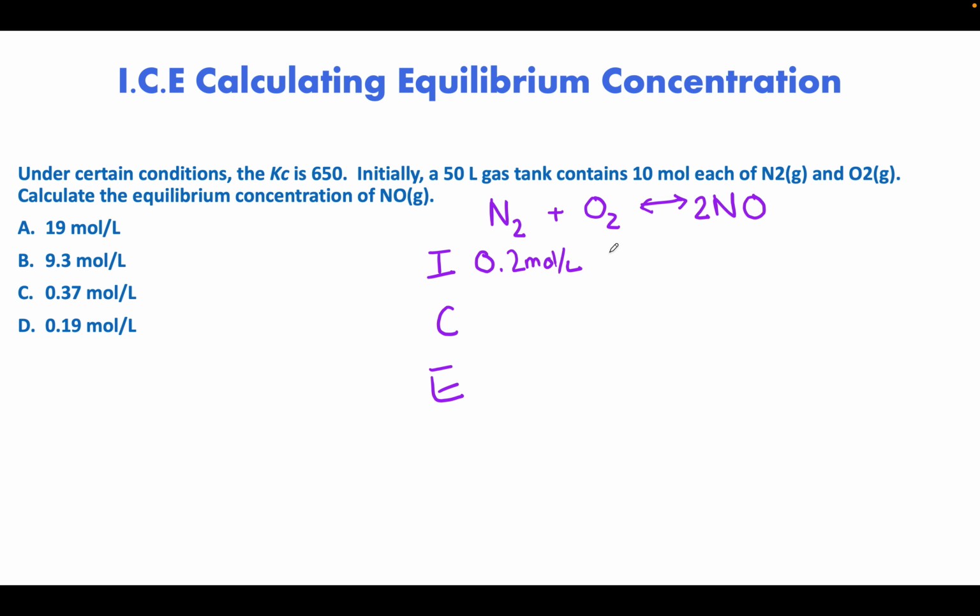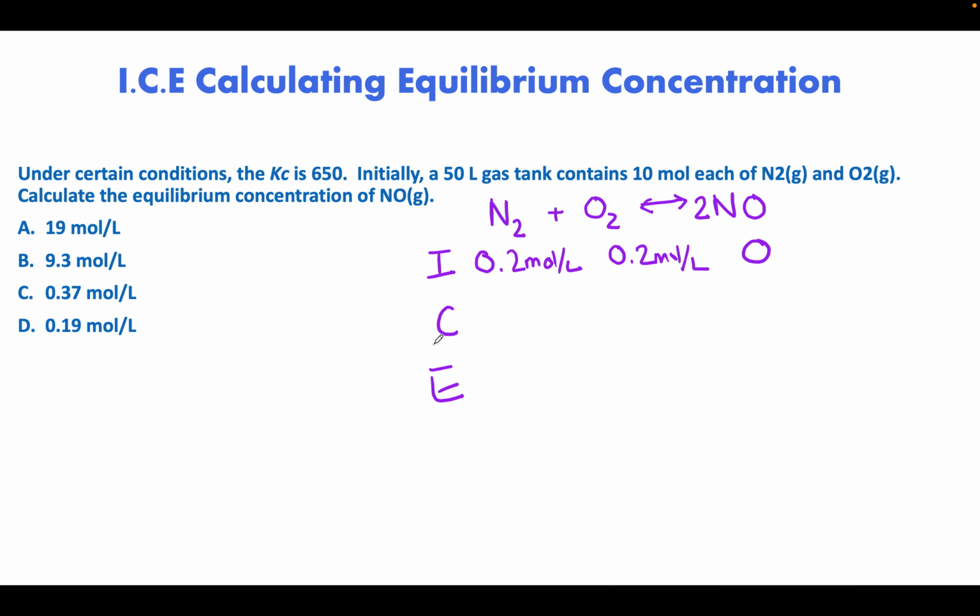And then for oxygen, it would be the same thing, 0.2 moles per liter. And if there's no information about the product initially, you can make the assumption that there is none there. So they put these 2 gases into the container. We know how much we have, and initially we don't have any product yet unless it tells you otherwise.